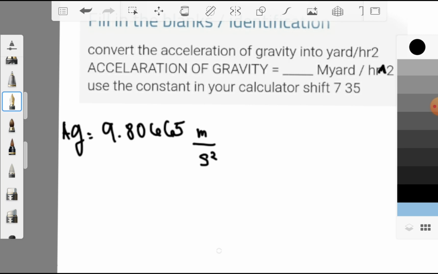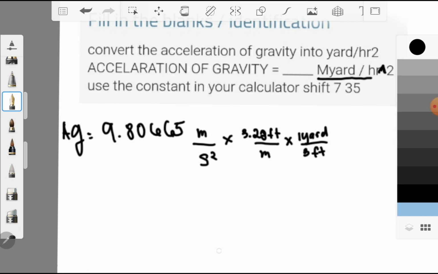So, we have this acceleration of gravity. We want to get mega yard per hour square. So, how will we do that? We all know that there are 3.28 feet per meter, and for every yard there are 3 feet.